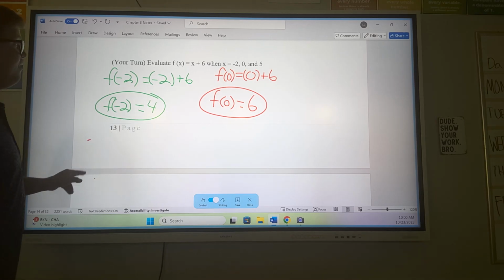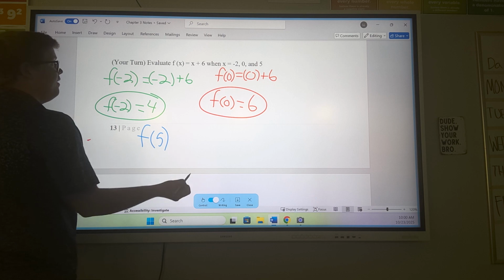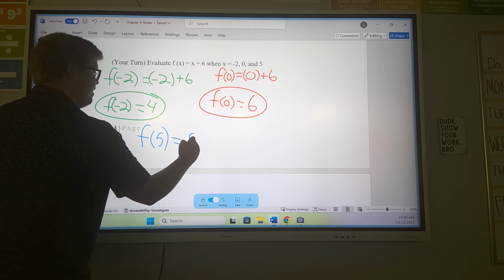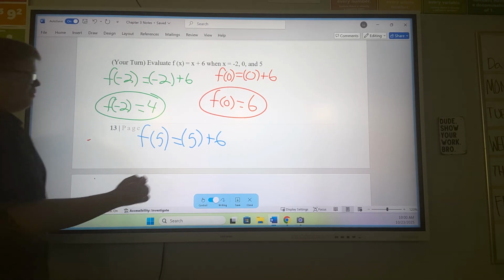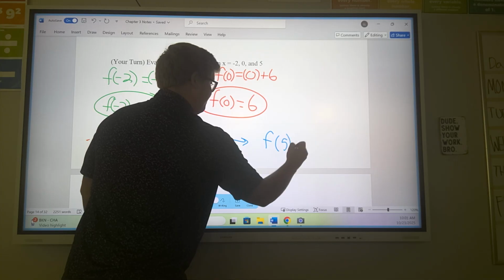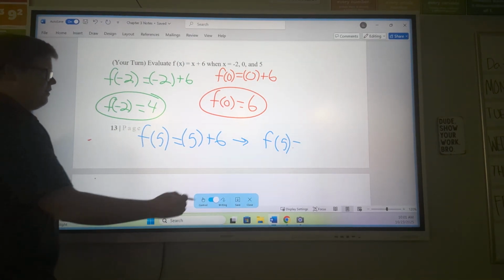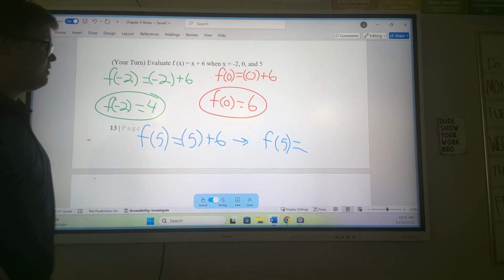We're going to plug in 5. So we have f of 5 equals 5 plus 6. So when I plug 5 in for x, I got, what's 5 plus 6? 5 plus 6 is 11.